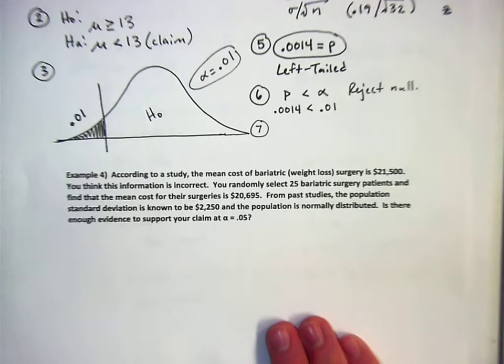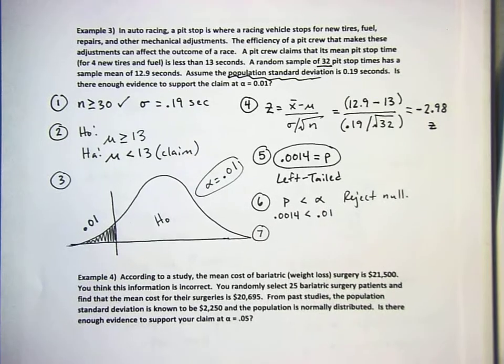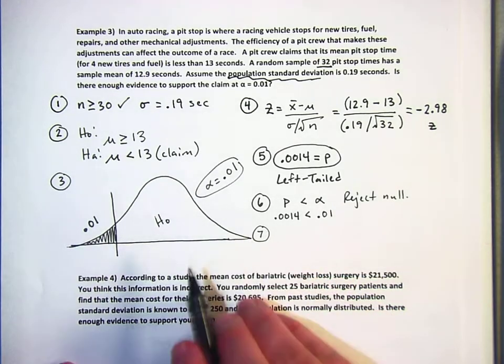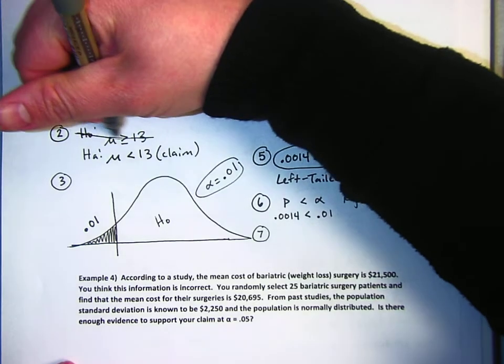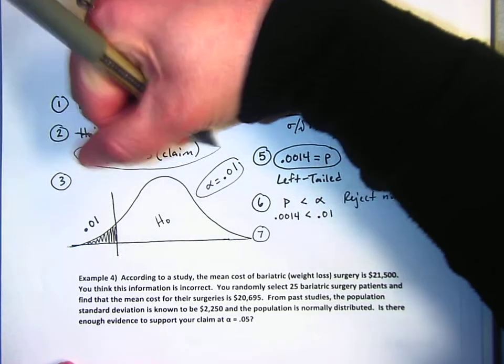And then for step 7, I have to decide whether I'm going to accept or reject the claim. Let's see, I'm rejecting the null, which means that I must be accepting the claim.